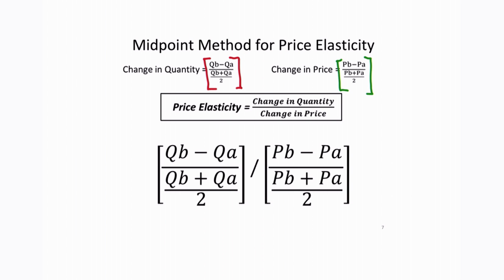So we take the change in the quantity and divide by the change in the price. And that will give us the price elasticity of demand or the price elasticity of supply.